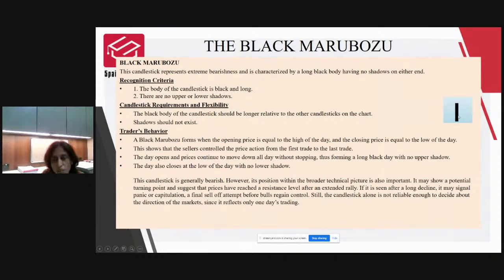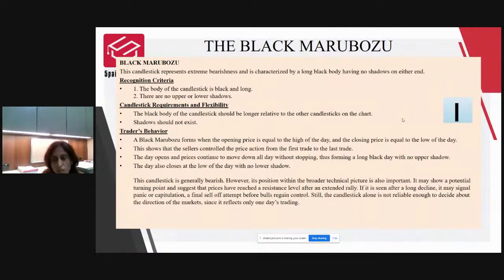As you can see, there are no shadows on either side of this particular candle. So how will you recognize it? It's black and long, and there are no upper shadows or lower shadows.